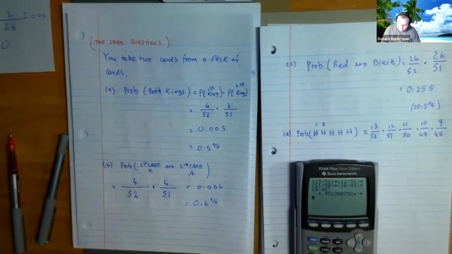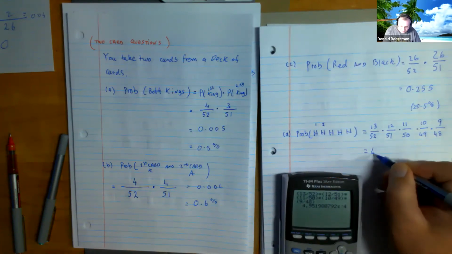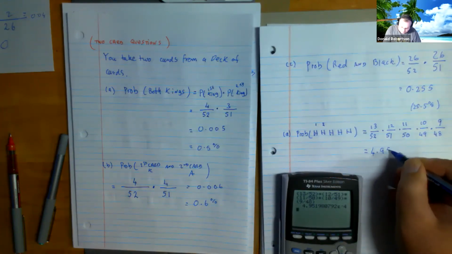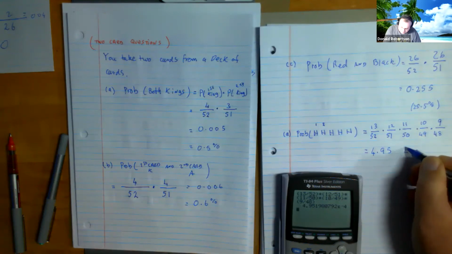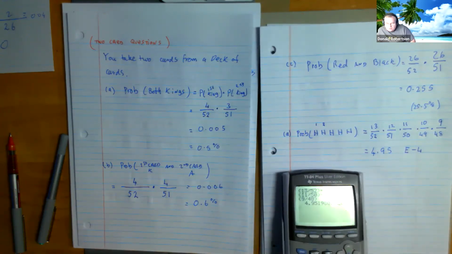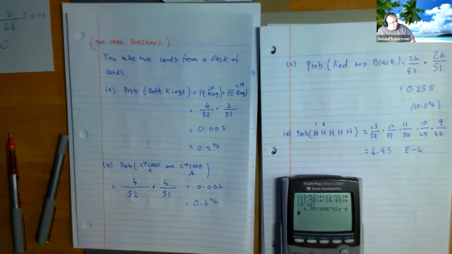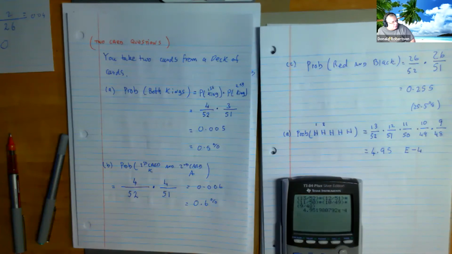Now you might say, whoa, that doesn't look like the right answer. I'm just going to write down the first few digits and then this funny little guy, e to the negative 4. Does anybody know what the calculator's trying to tell me when it does an e to the negative 4?